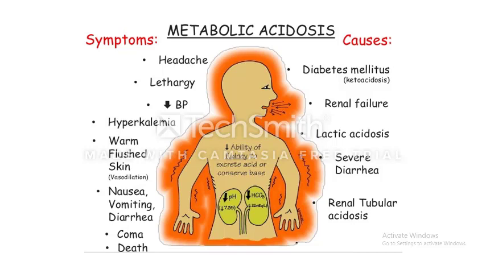These are the symptoms that indicate a person can have acidosis. The causes we already discussed can be ketoacidosis, that is in patients with diabetes mellitus, renal failure, lactic acidosis, severe diarrhea, and renal tubular acidosis.